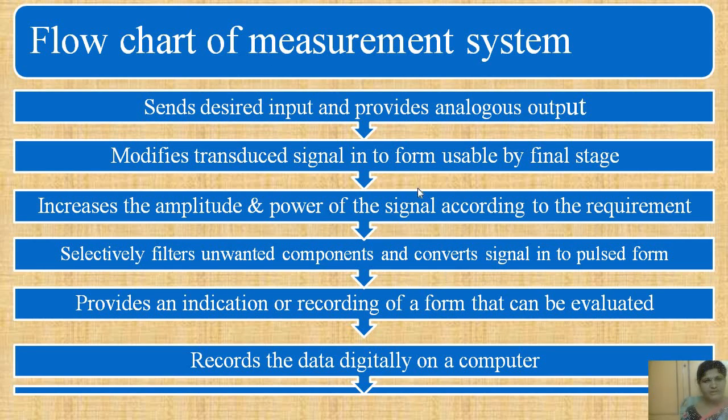In the first stage, the primary sensing device senses the quantity. This is done by the detector transducer stage: the detector detects the unknown quantity and the transducer converts it into an analogous or electrical output.